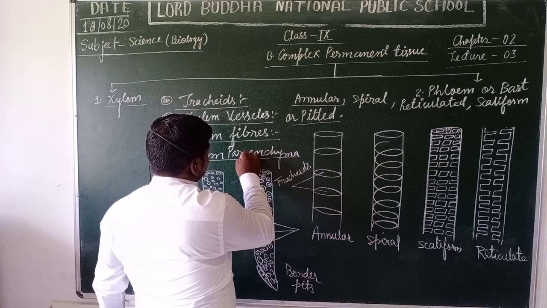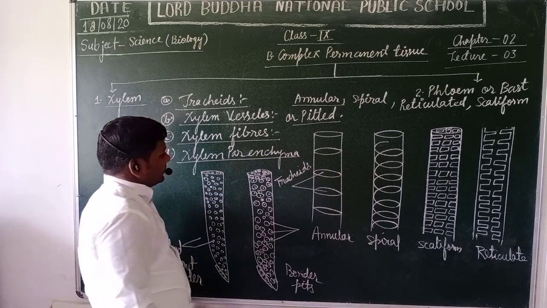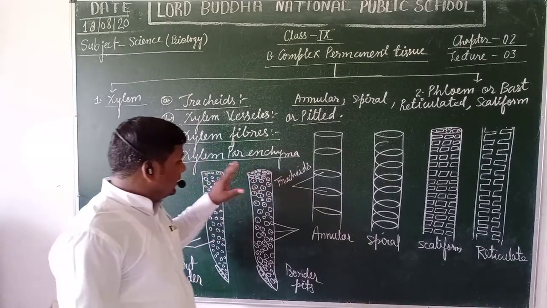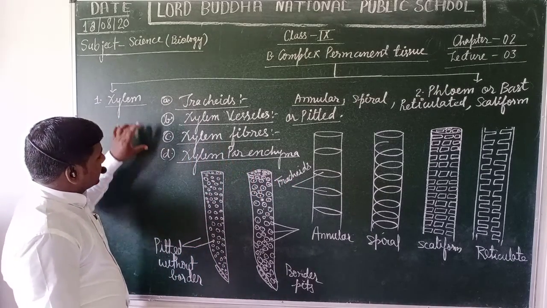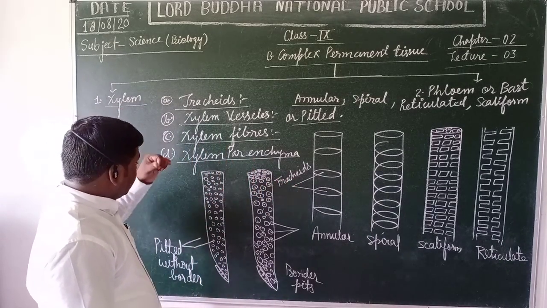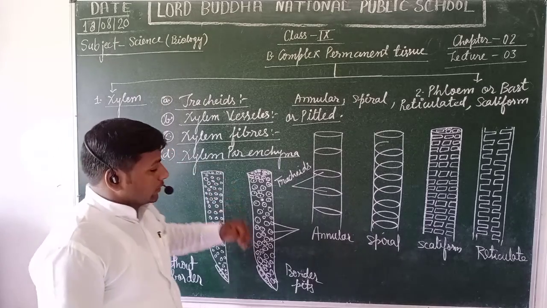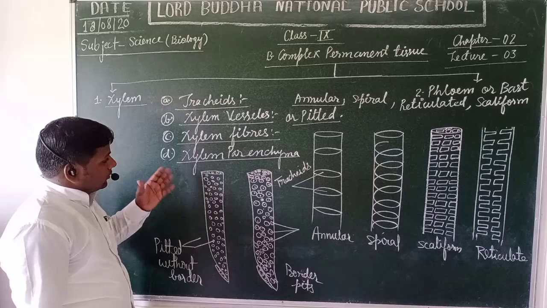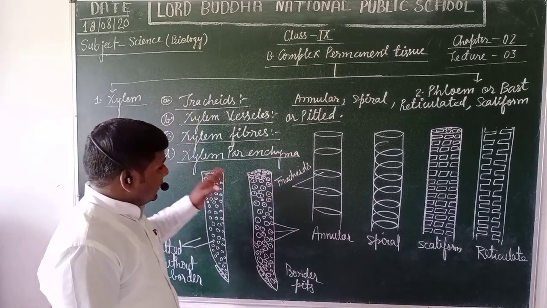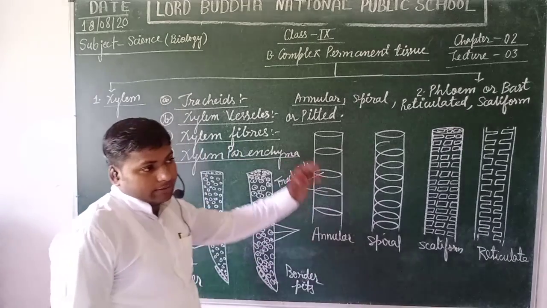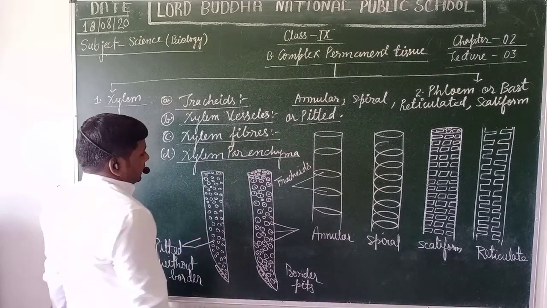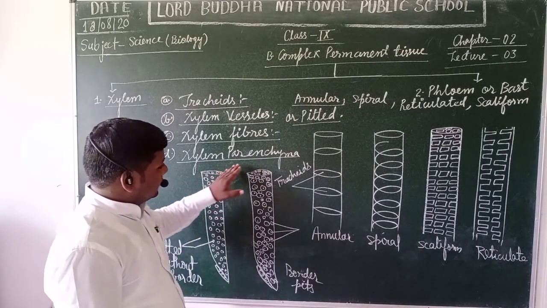Xylem parenchyma are the kind of cells that contain a huge amount of protoplasm. These are the only living part of the xylem, and they not only help in the storage of food, but are also helpful in providing the passage of water and minerals in the cells.